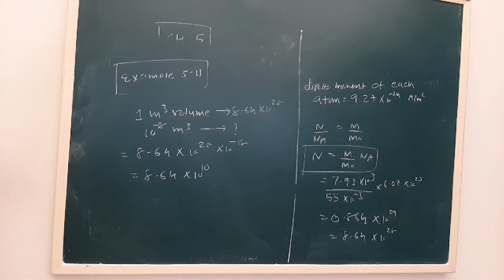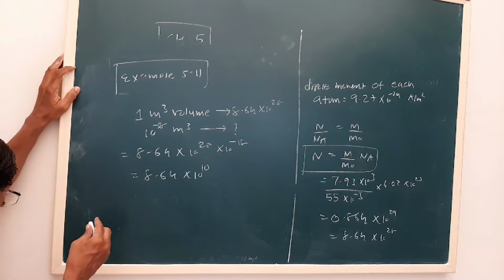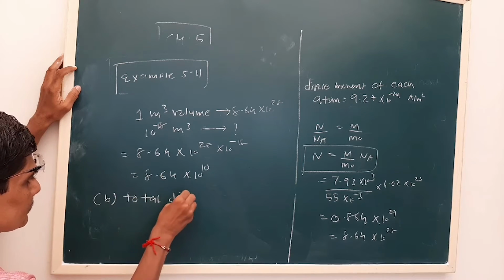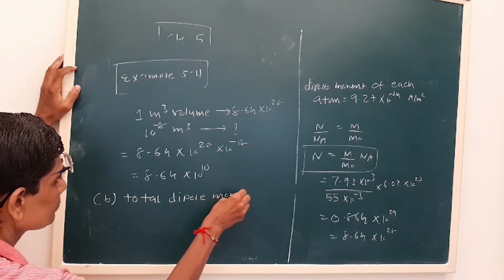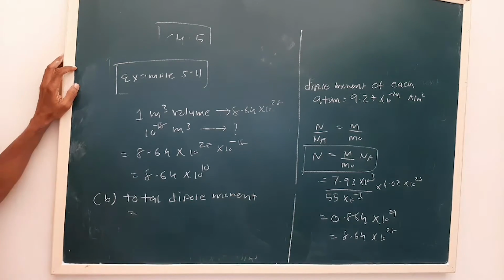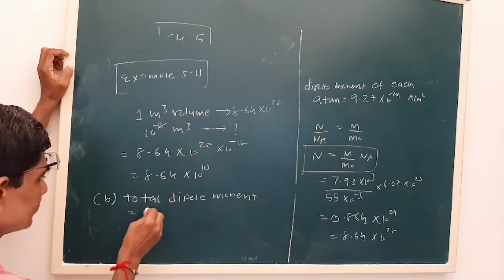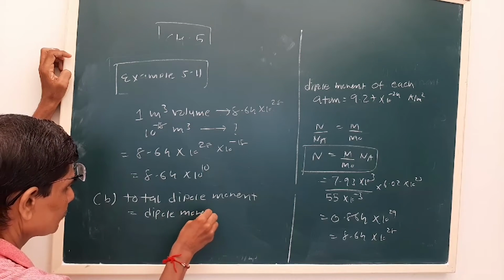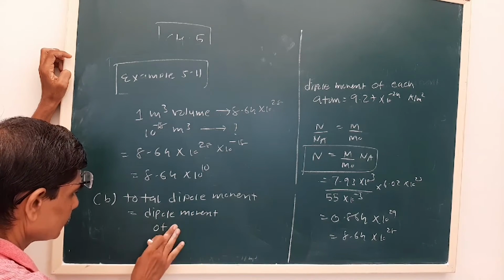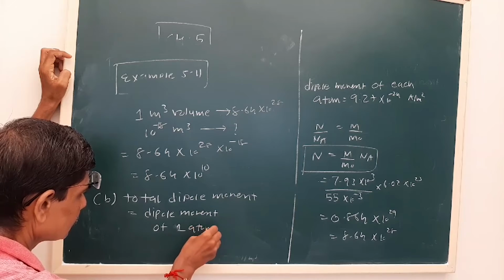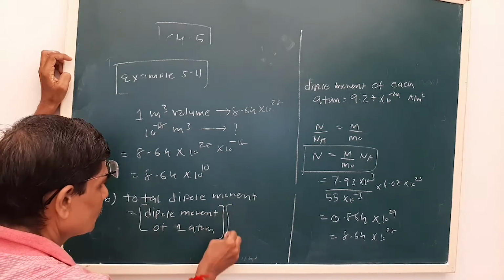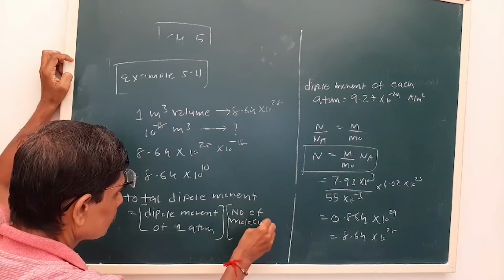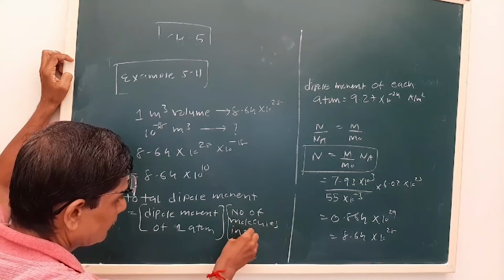Now we have to find out the total dipole moment. Okay, total dipole moment. See, that is the dipole moment of one atom into number of molecules in given volume.